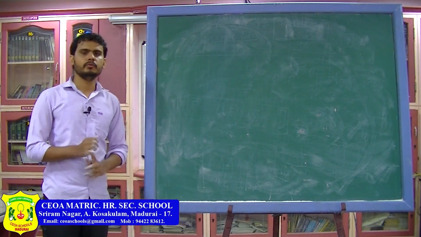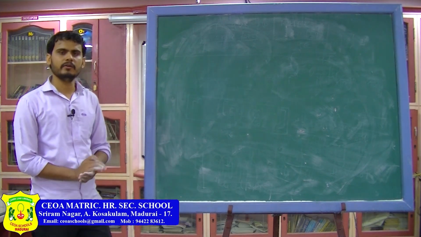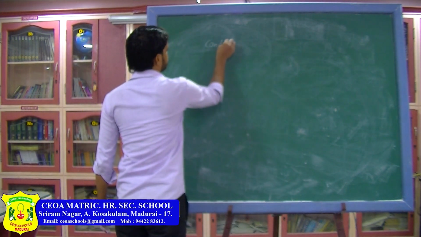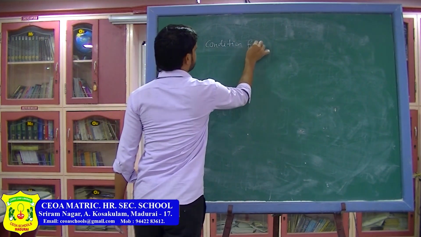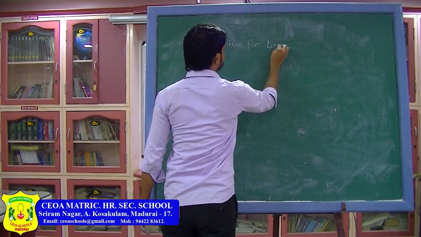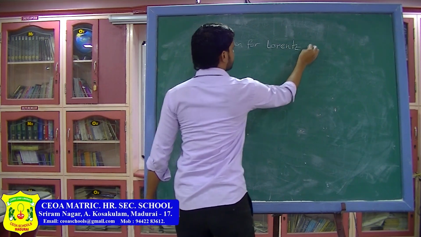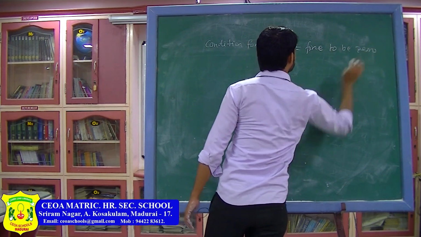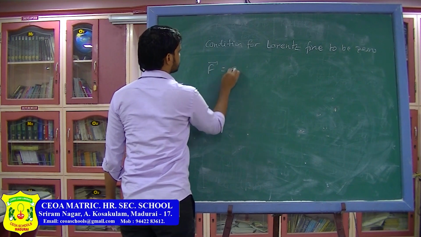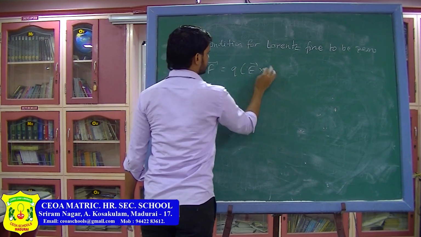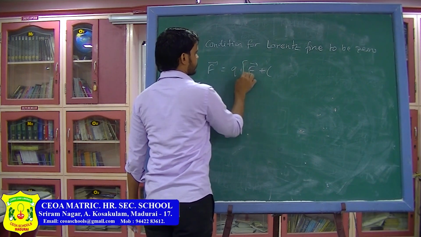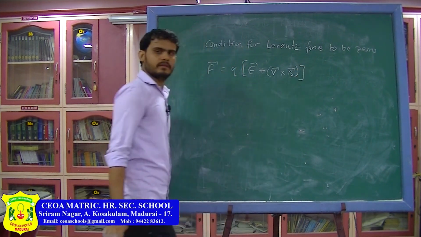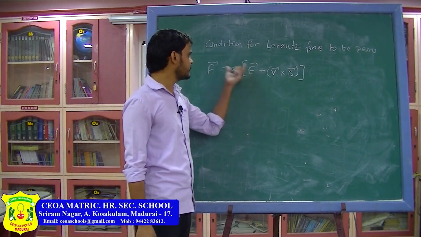So now we are going to do the application. Before we start the application of the Lorentz force, let us see when the Lorentz force is 0. The Lorentz force is given as Q into E plus V cross B, and you want to find a condition when this force will be 0.